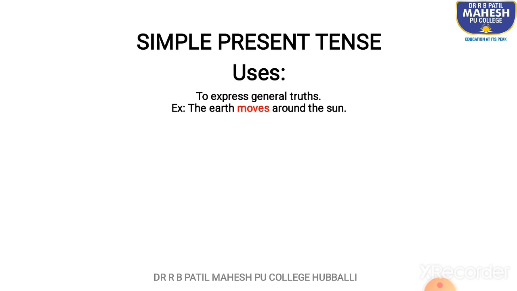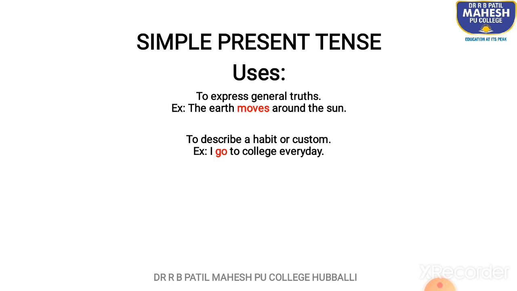So moves is the first form of the verb move, and we always use the first form of the verb, the simple present tense, in sentences which express general truth. The earth moves around the sun.